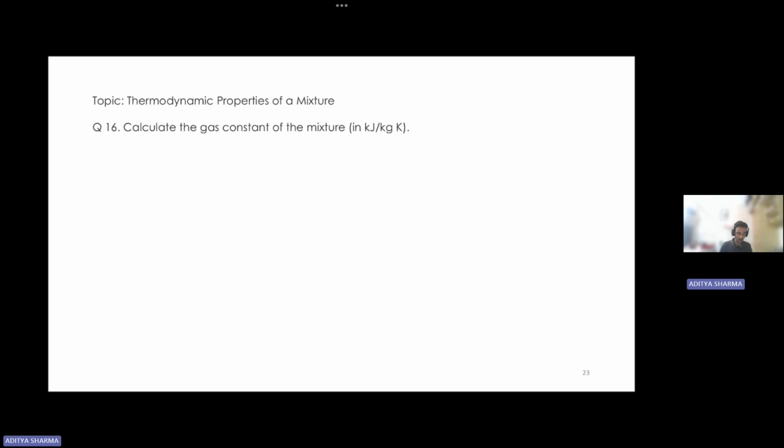The topic is thermodynamic properties of a mixture. The question is: calculate the gas constant of the mixture. So this is the last question based on the information that was given.